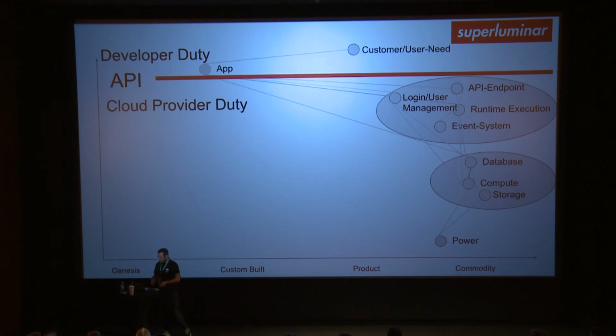Is there some feature you might not be able to build because something is missing in the commodity building block? Yes?